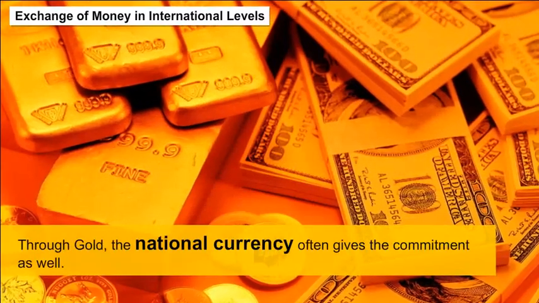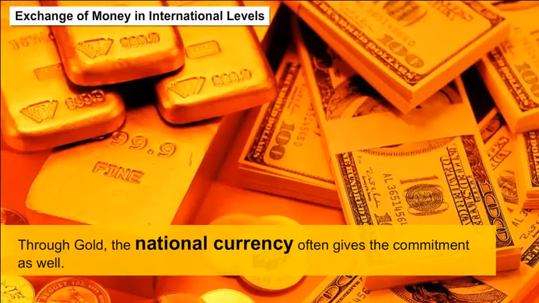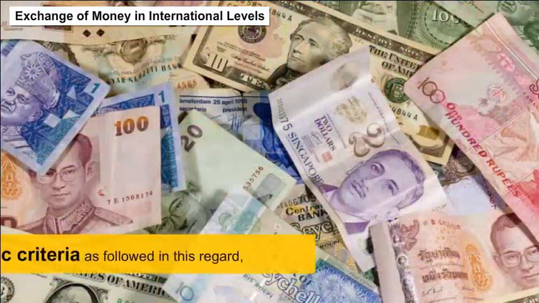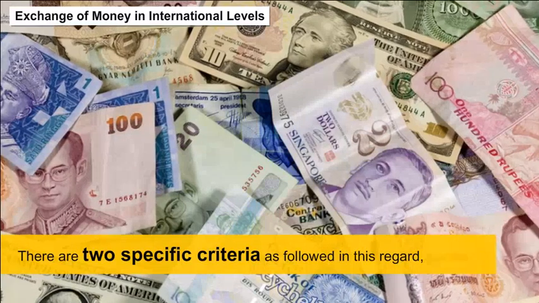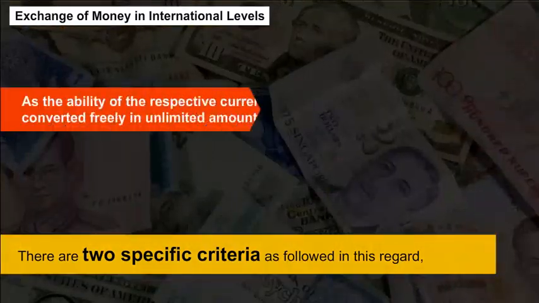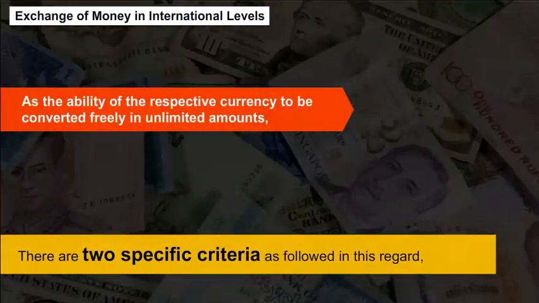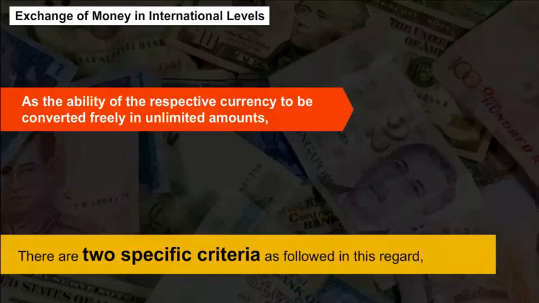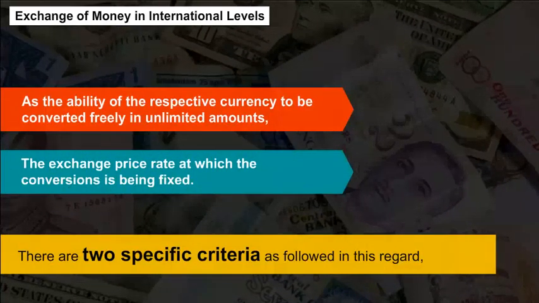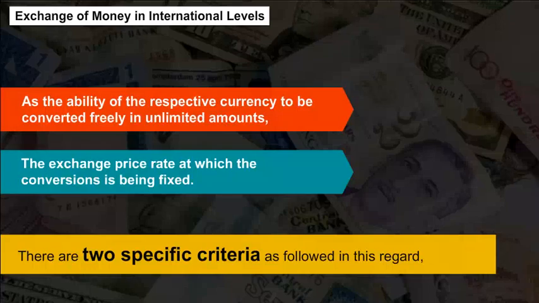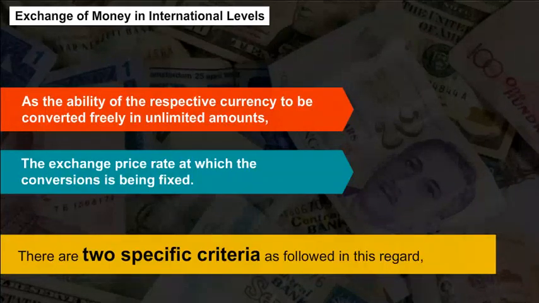Through gold, the national currency often gives a commitment as well. There are two specific criteria in this regard: the ability of the respective currency to be converted freely in unlimited amounts, and the exchange rate at which the conversion is fixed.